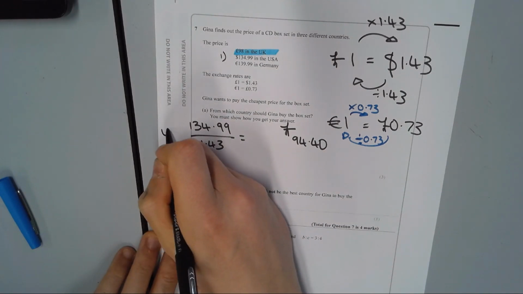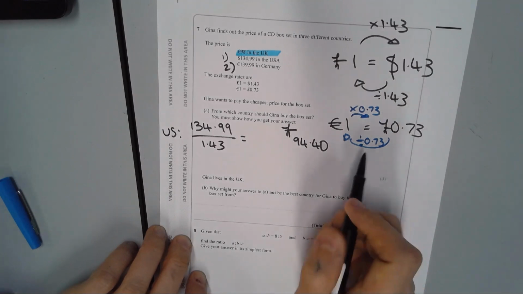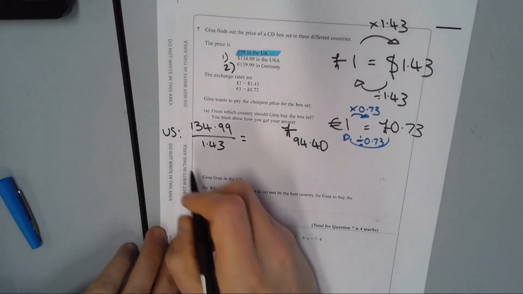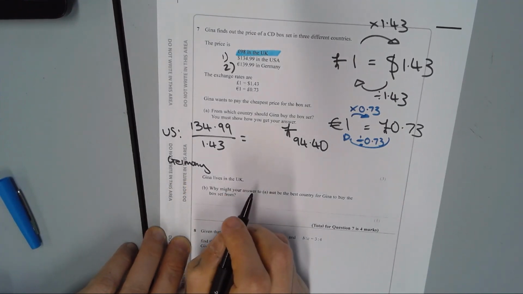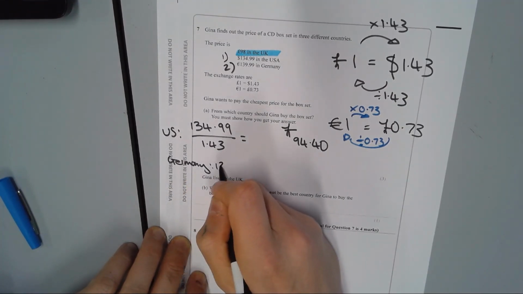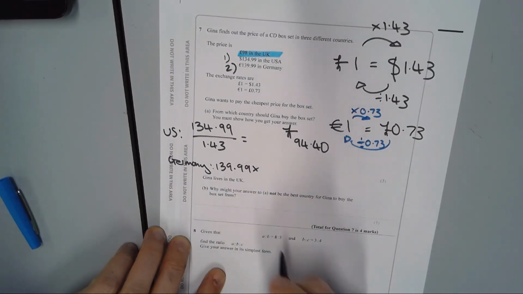Next, 139 euros and 99 cents. Sorry, the lag there. Now that's euros to pounds, so I need to multiply. So for Germany, your calculation on your calculator is 139 euros and 99 cents multiplied by 0.73.